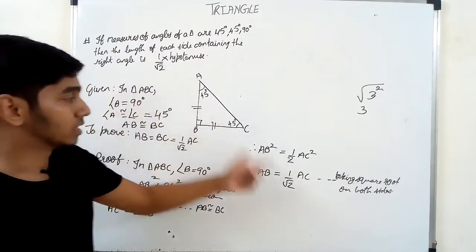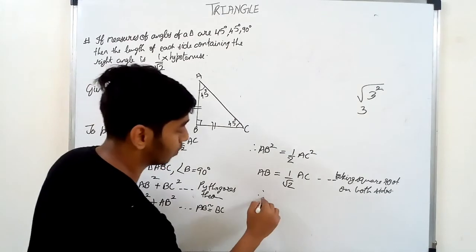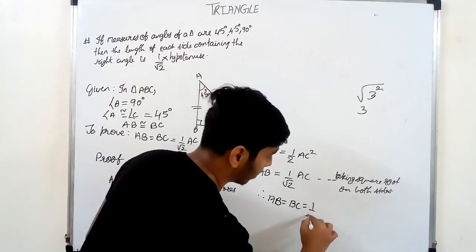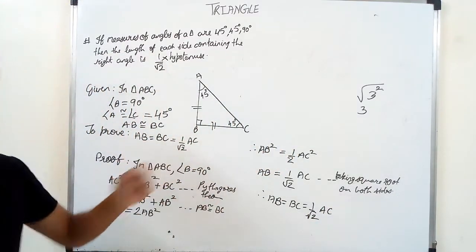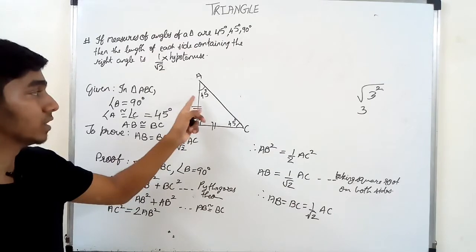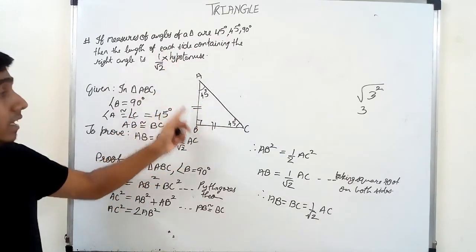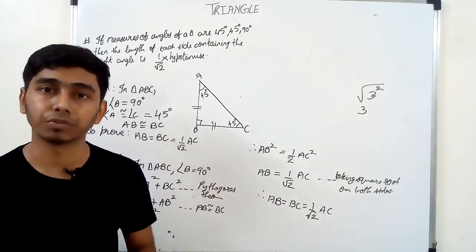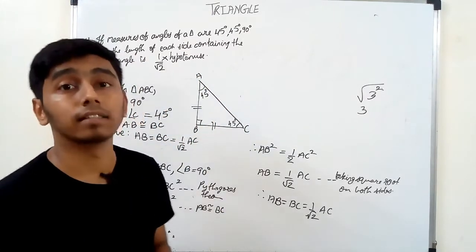Okay, so this is what we had to prove, and AB and BC are the same, therefore we can say AB is equal to BC is equal to 1 by root 2 of AC. So hence we have proved that the sides containing the right angle are equal to 1 by root 2 of the hypotenuse. Okay, so this is the 45 45 90 degree triangle theorem.